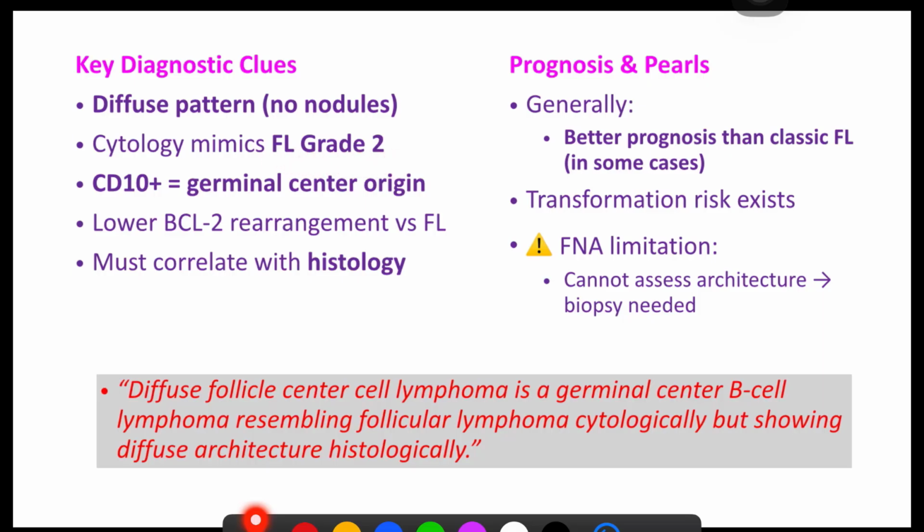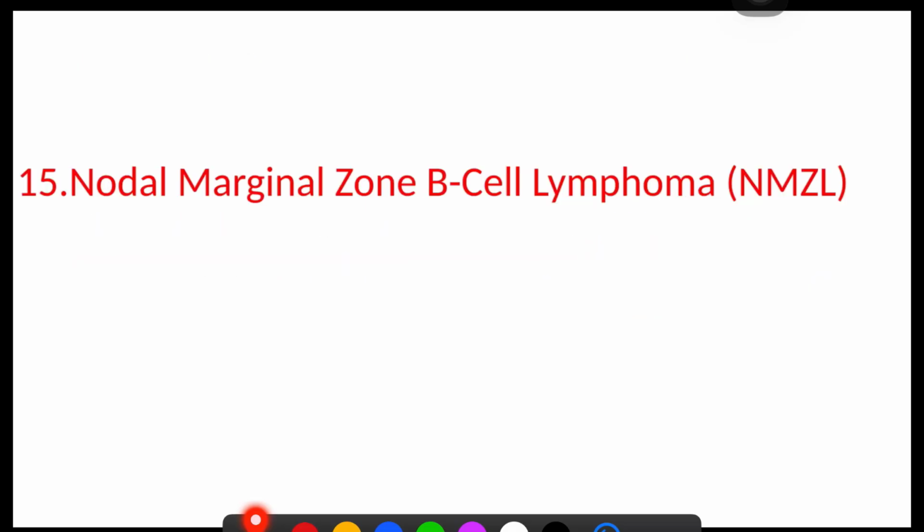CD10 shows germinal center origin, low BCL2 rearrangement, and better prognosis than classical follicular lymphoma, but transformation risk exists, and FNA has a limitation because it cannot assess architecture, so biopsy is needed.